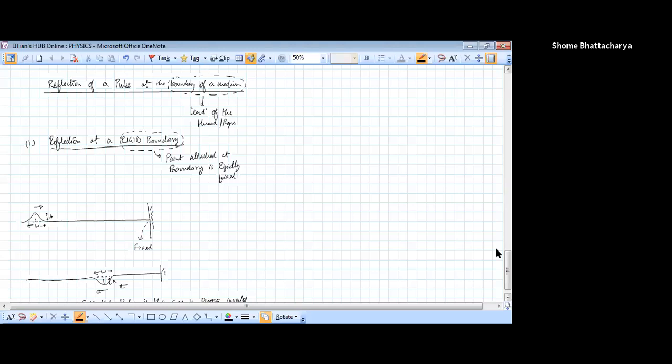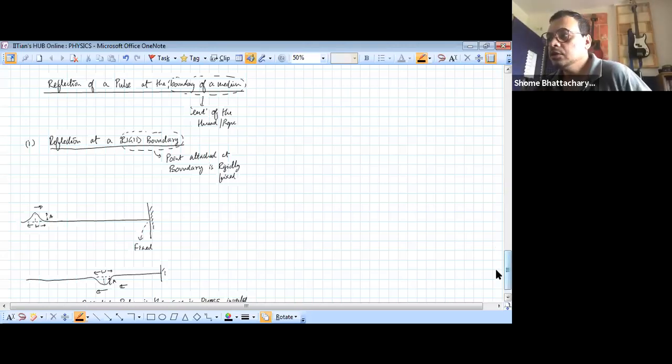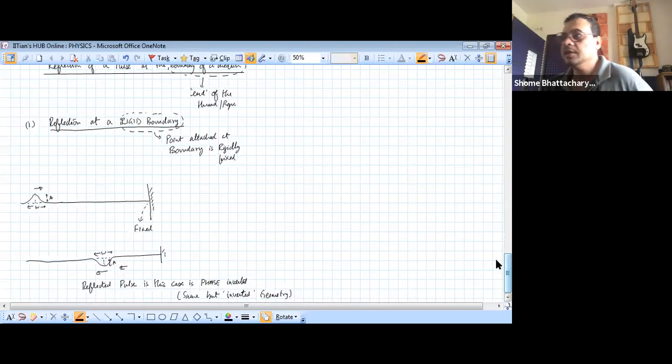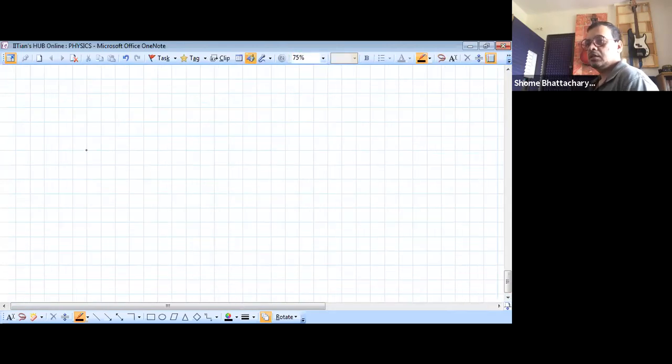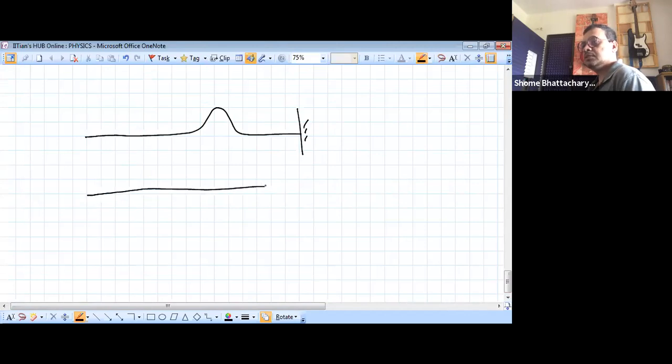Okay, so something very interesting about how this shape morphing happens. Let's come to that next. What we observe is that as this pulse comes nearer to the boundary, something like this first happens.